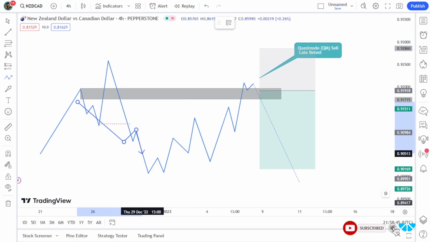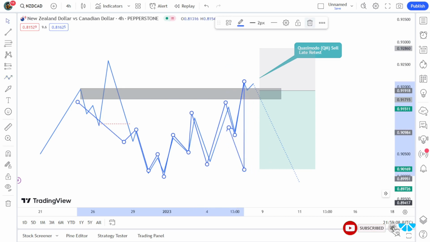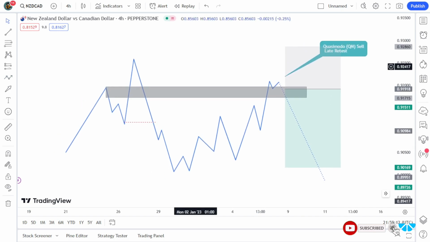Price plays around, making lower lows, equal lows, higher highs, higher lows, before reaching our point of interest, then going to our favored take profit. This is always the case for Quasimodo late retest. It can also happen for the buy aspect.